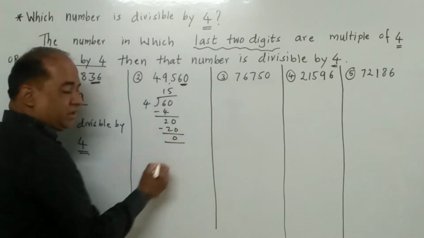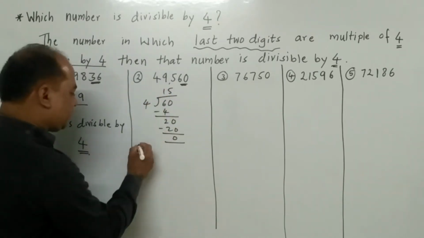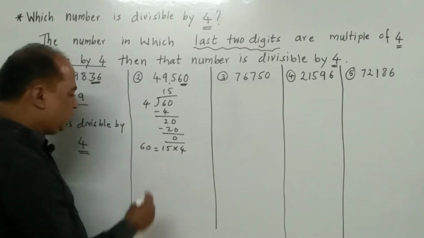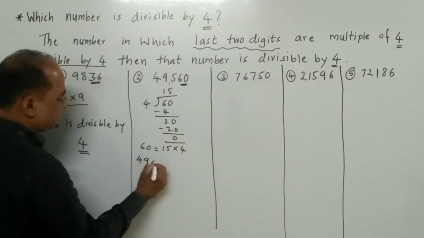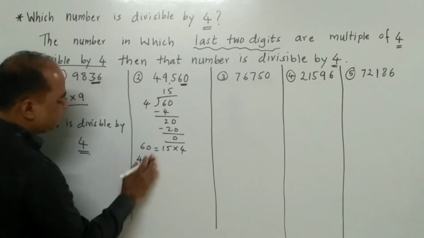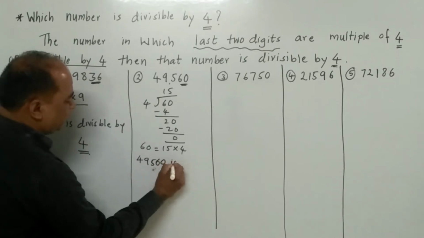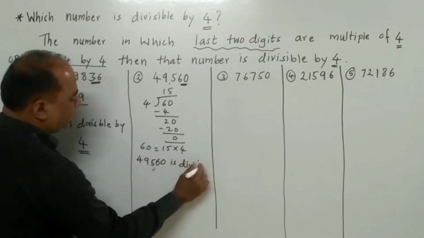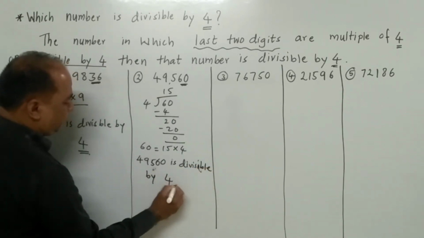So 60 is completely divisible by 4. 15 fours is 60. So this number 49,560 is divisible by 4.